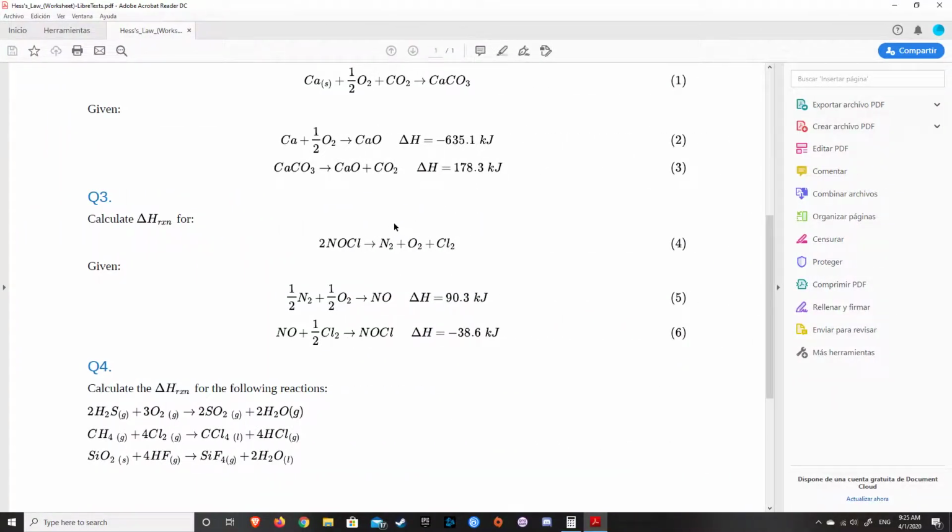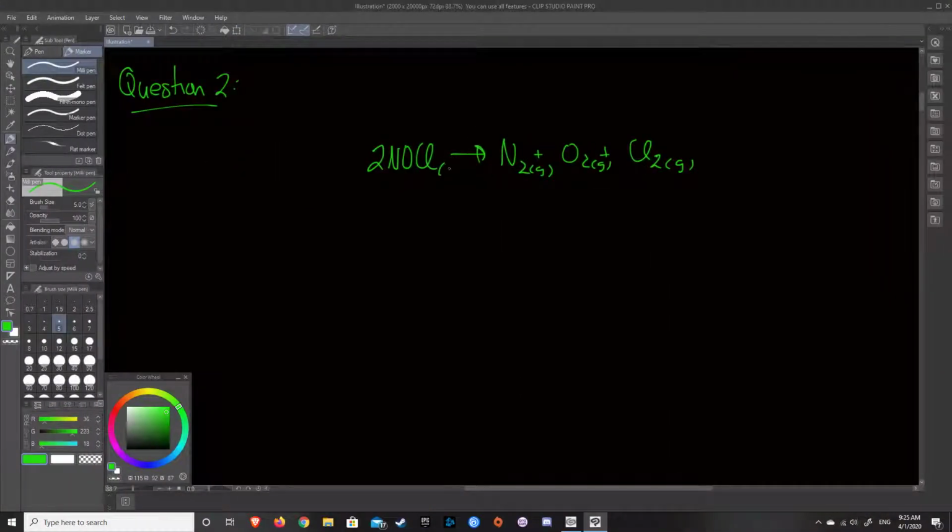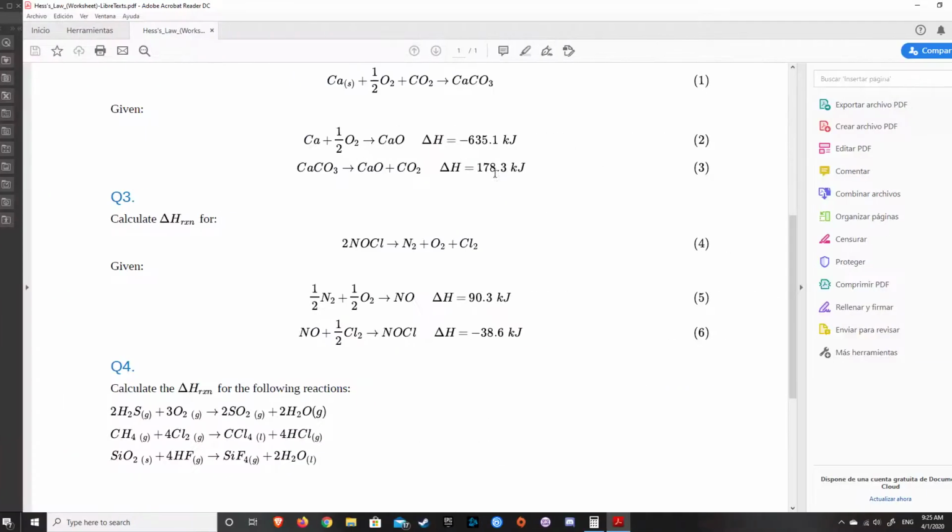I'll assume these are gases; they're covalently bonded, so I'll assume they're gases at room temperature.